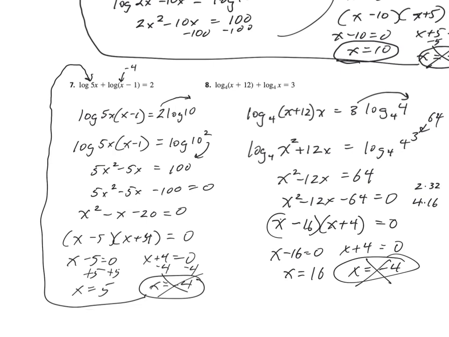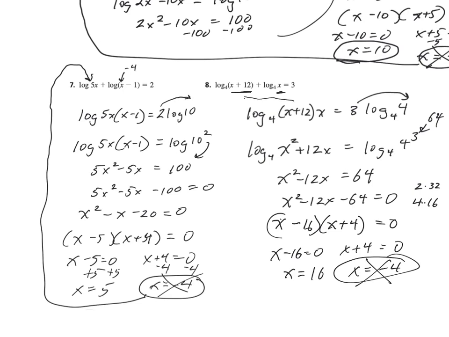If you got that, you're awesome. You had a great day. If you didn't, just look back at the work and see how I did this. What I did is I put in that scarecrow, log base 4 of 4, at the beginning, because adding the logs is the same as multiplying the numbers.